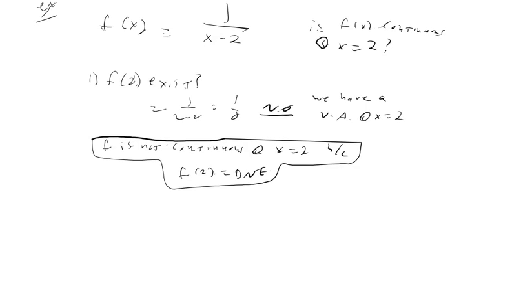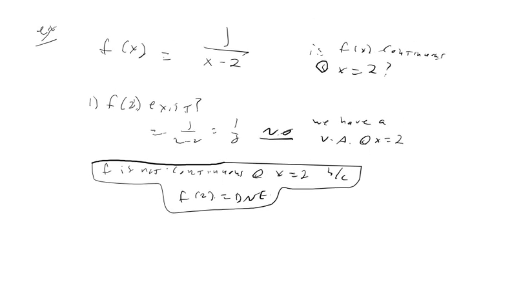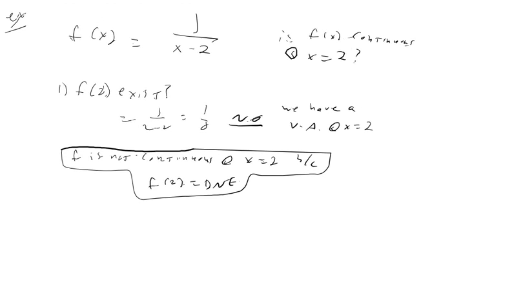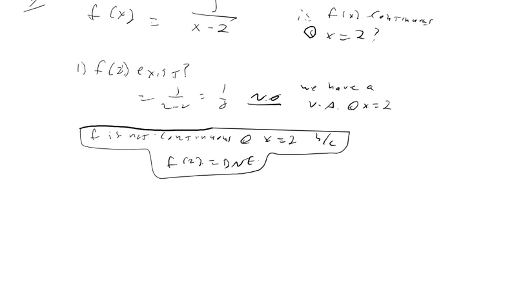But just for completeness' sake, let's look at the graph here. I just want to show you this graph. The graph of this would look like something like this at 2. We would have this vertical asymptote.